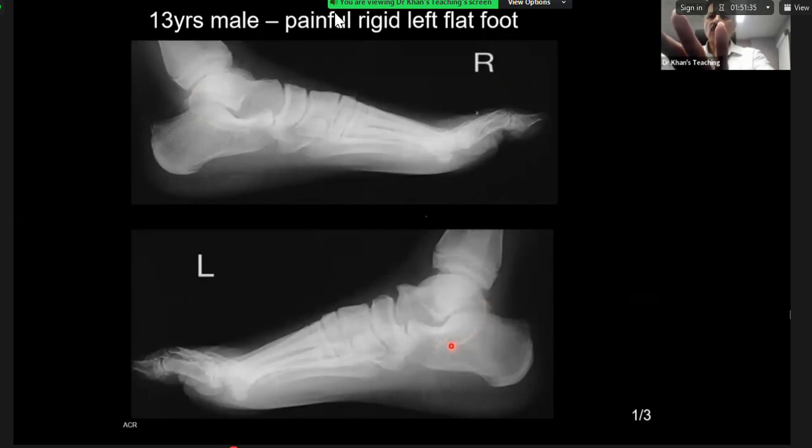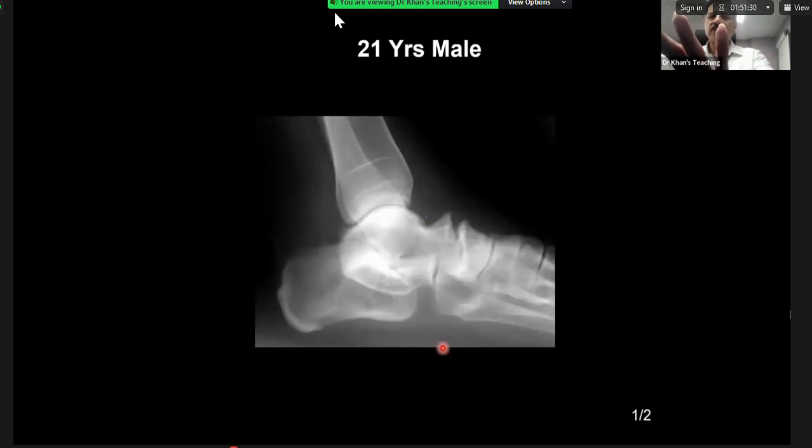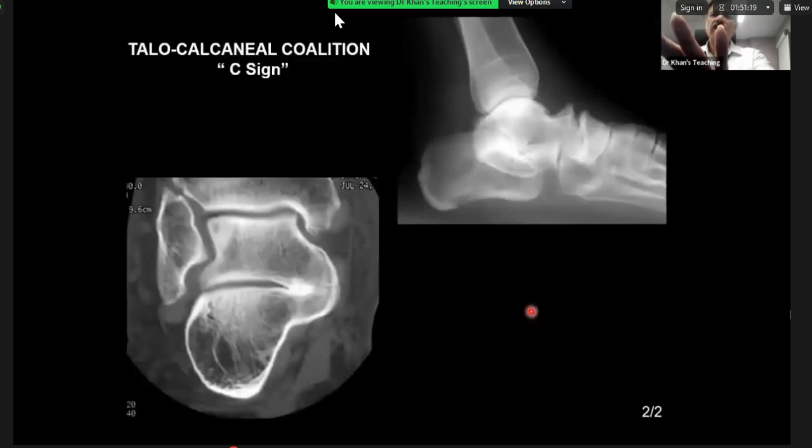This is a normal type of appearance, but then it becomes abnormally dense and very well defined. This is quite pathognomonic of what we call a frank coalition. And there is a bony bar at the same joint, the middle subtalar joint, and this is how it projects on a lateral.